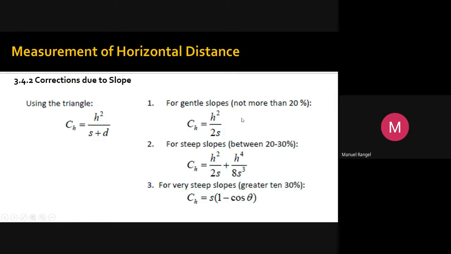For gentle slopes, not more than 20%, the slope correction is h squared divided by 2s. For steep slopes between 20 to 30%, it is h squared divided by 2s plus h raised to the fourth divided by 8s cubed. And for very steep slopes, the slope correction is s multiplied by 1 minus cosine theta.